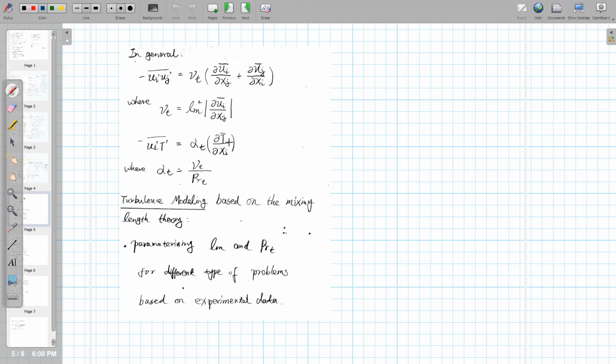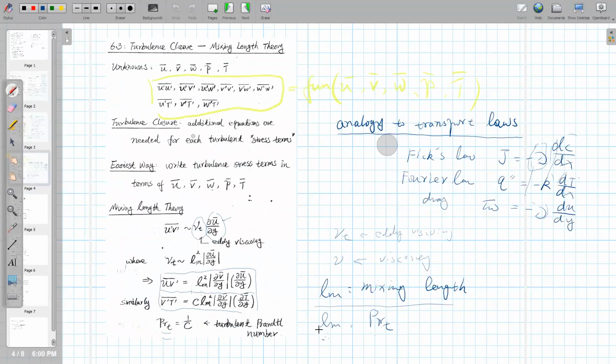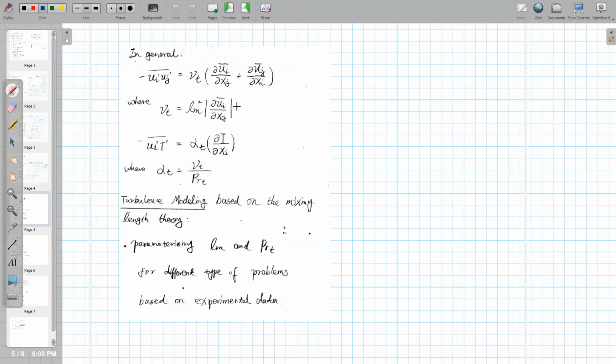Going back to the previous slide, I said that there are 2 unknown parameters, but if we group the equation this way, these will be nu t and the turbulent Prandtl number. Okay, so eddy viscosity and turbulent Prandtl number are the ones we are looking for.